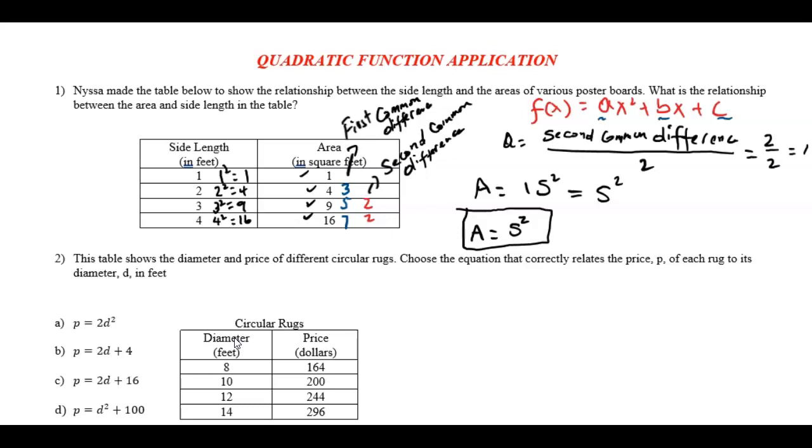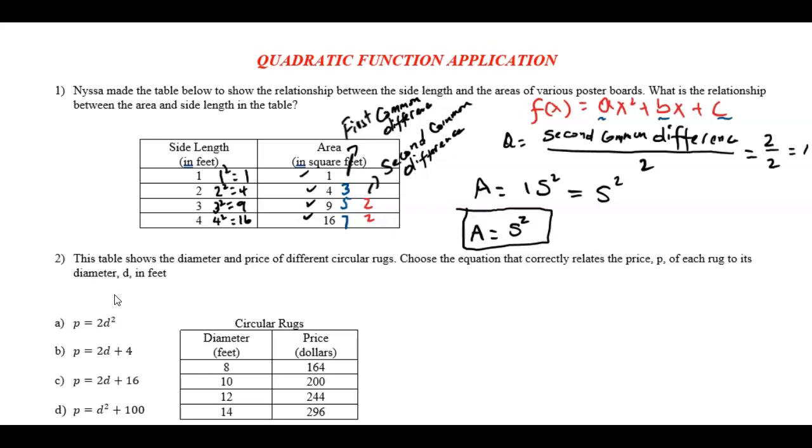They want us to choose now. The good thing here is they give us some answer choices, and they want us to choose which one will describe the relation between the diameter and the price.